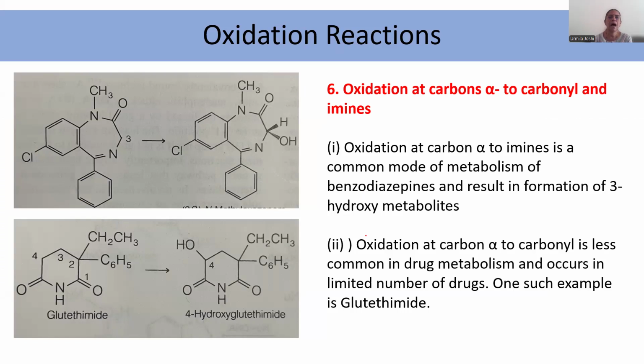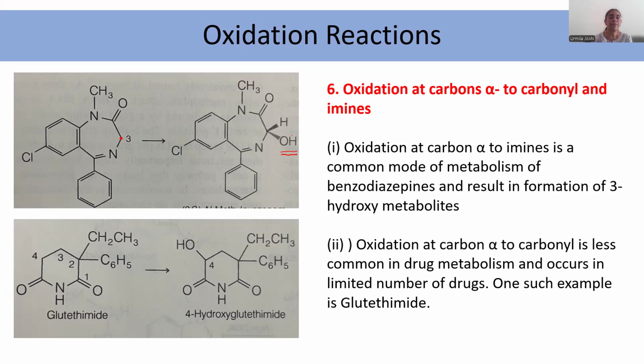Next are oxidations at carbons which are alpha to carbonyl and imines. First, have a look at carbons which are alpha to imine. This carbon is alpha to imine, imine meaning C double bonded. So this carbon is alpha to imine and this carbon is oxidized by attachment of an OH group.